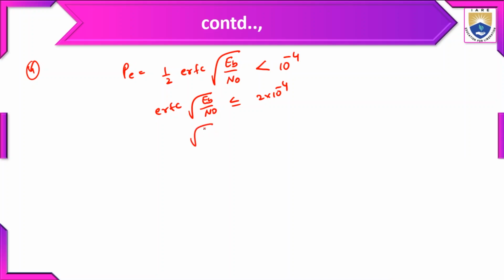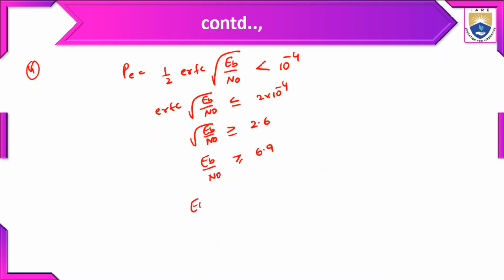Again, for EB by N naught, you send this ERFC to the right hand side and substitute the value, and you get 2.6. So EB by N naught is greater than or equal to 6.9. Sending this square root to the other side, we get the square.